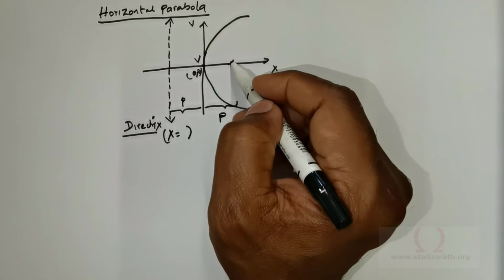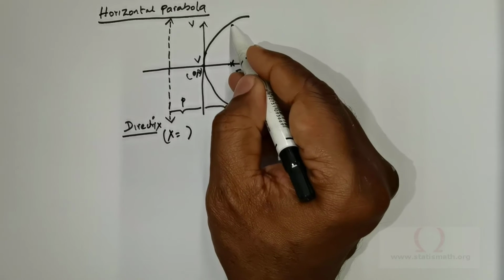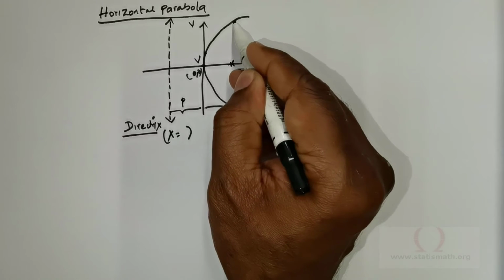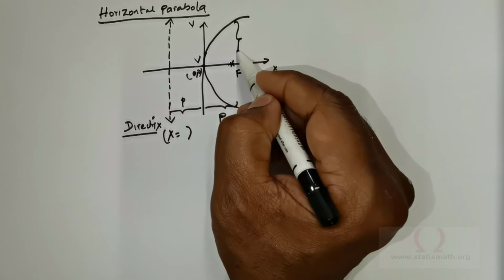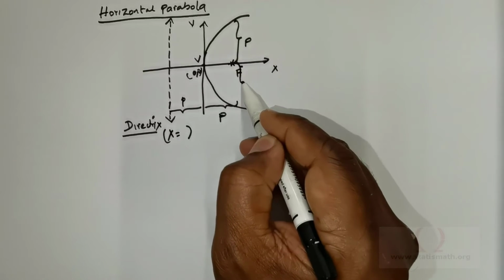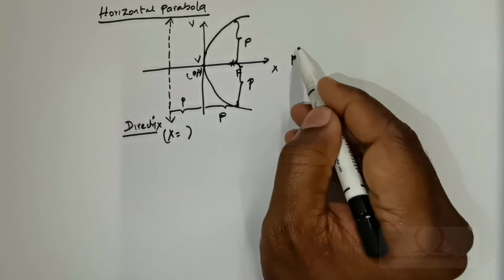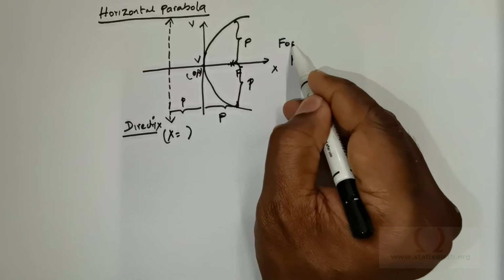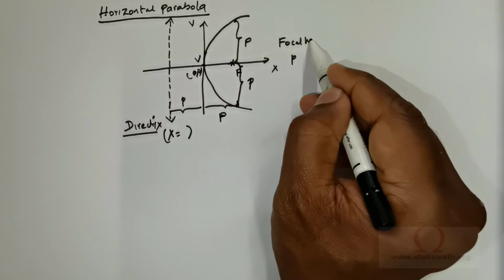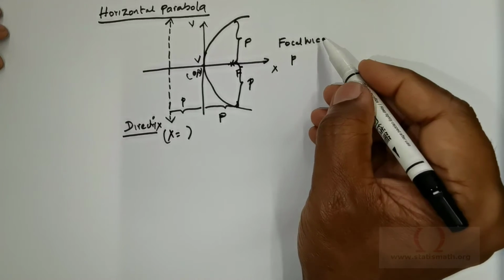This is the focal width, which is also called the latus rectum or focal rectum.